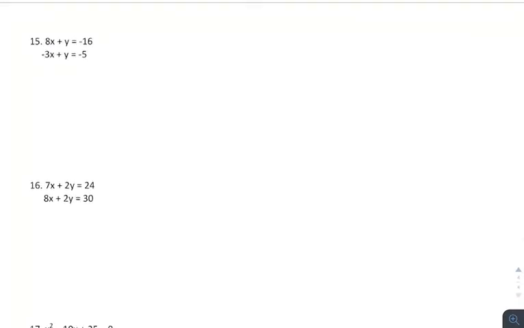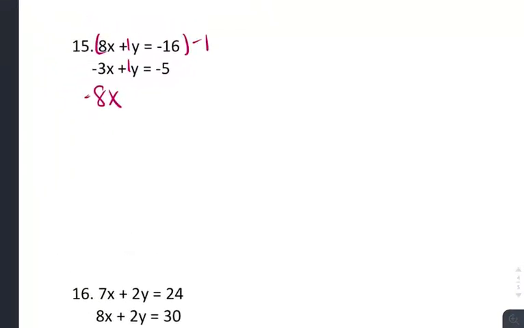Just doing some proofs, or I'm sorry, some systems. Okay, so I'm going to go ahead and cancel out our y's since they technically both have a 1 in front of them. I'm just going to multiply this top one by a negative 1. So we're going to have negative 8x. Zoom in a little bit here.